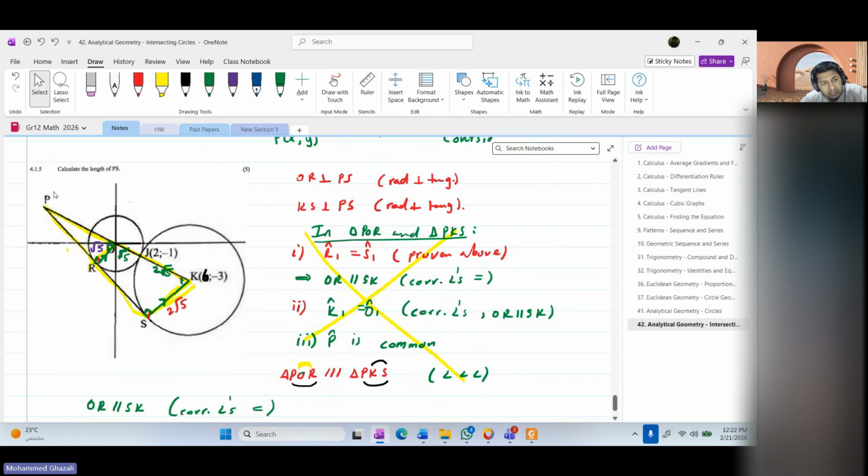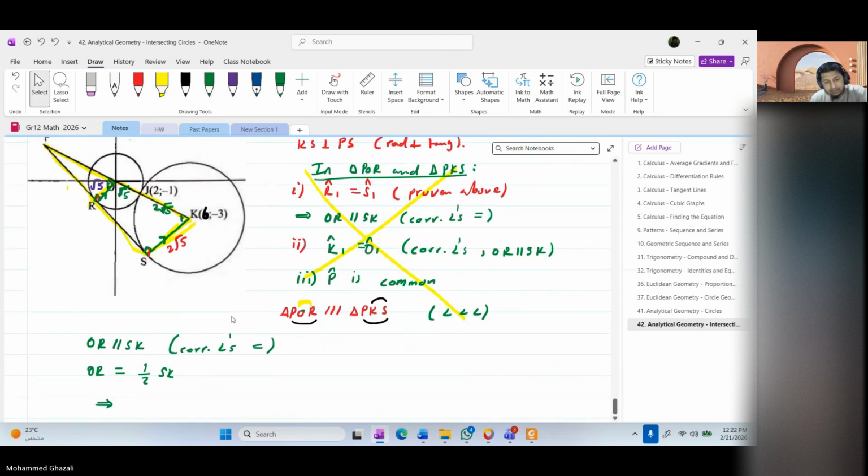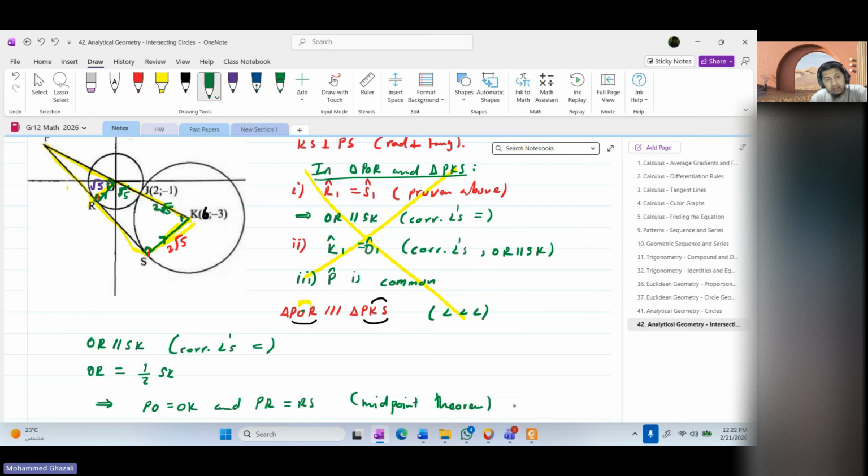So what we can say is that PO is equal to OK and PR is equal to RS. And what's the reason for this? Midpoint theorem, because OR is parallel to SK.